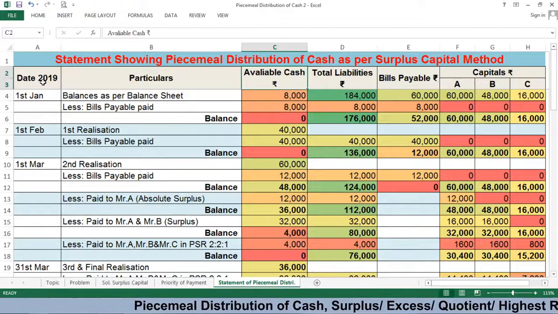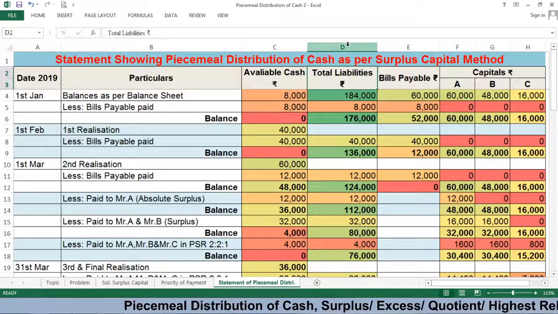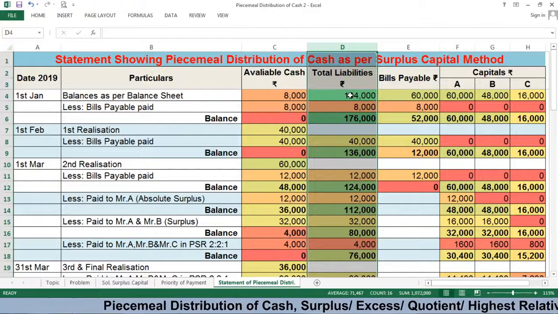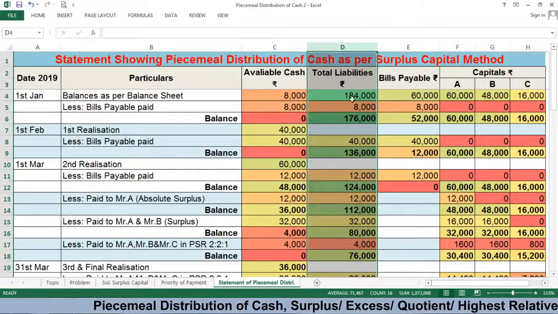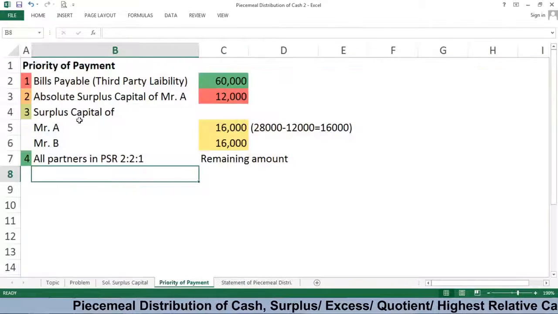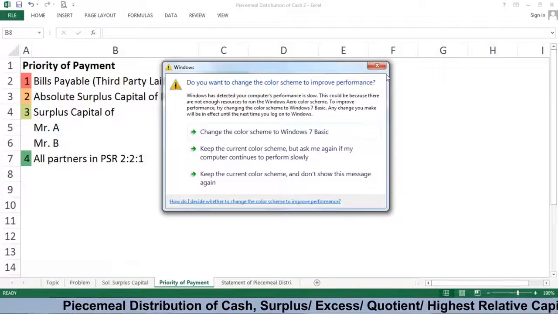Then total liability, this column is the most important column. At the end I will explain why this column is important, but now you just have to draw a total liability column.